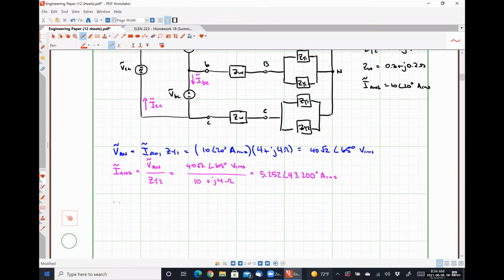From here, our line current IAA would simply be IAN1 plus IAN2, or 10 angle 20 degrees amps RMS plus 5.252 angle 43.2 degrees amps RMS.